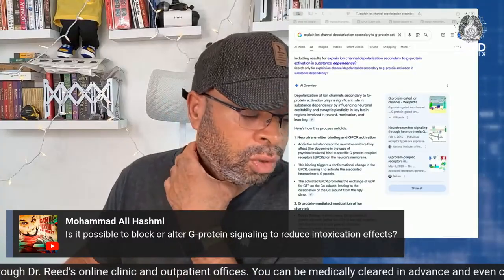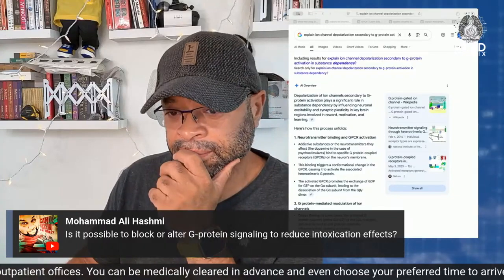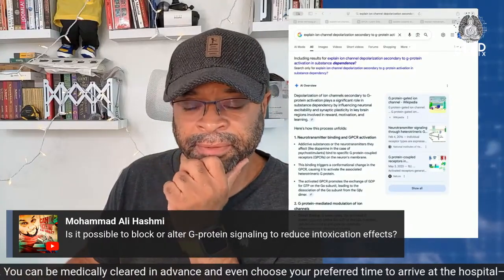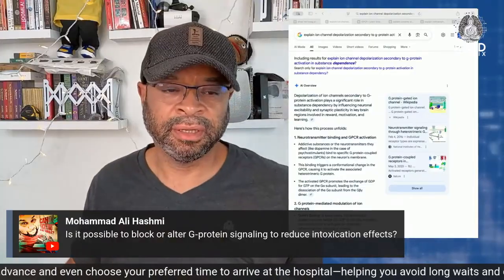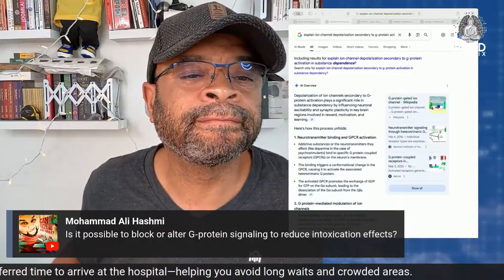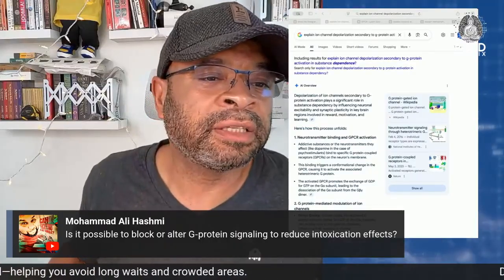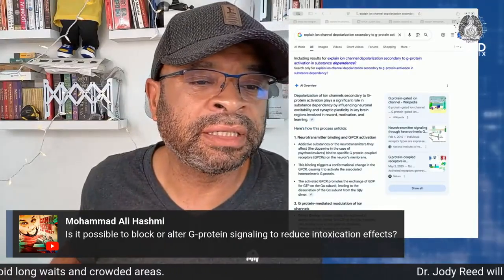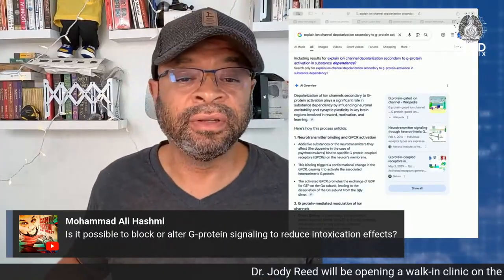So we're talking about the dopamine receptor, and I'm not sure we're going to block the dopamine receptor. I'm not sure of that question. Is it possible to block or alter G protein signaling? I don't think it is. To answer that question, I don't think so.